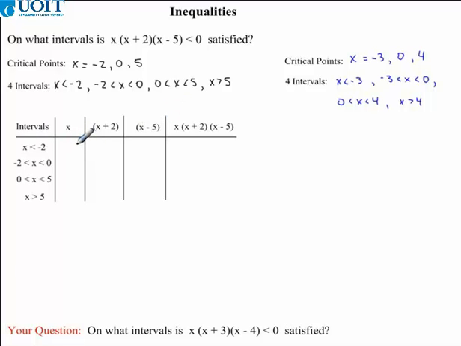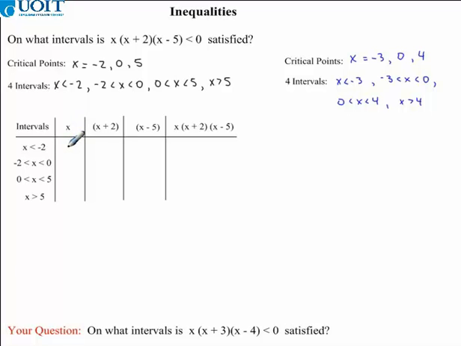Along the first row, we need to find a value that is less than negative 2. Let's say negative 5. You can use any number that is less than negative 2. When substituting negative 5 in for x, we will get a negative answer.